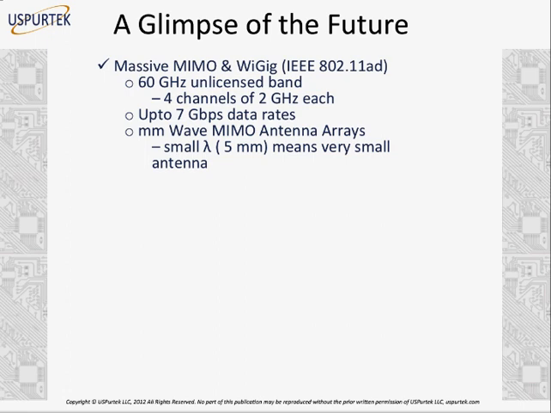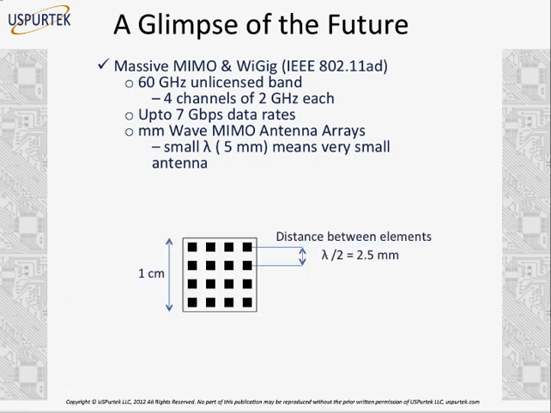And that also means it will allow us to fabricate antenna elements within a very small form factor, such as 1 centimeter square. A square of 1 centimeter can hold as much as 16 antenna elements, each separated from the others by a distance of 2.5 millimeters, because we are using the 60 gigahertz unlicensed band.